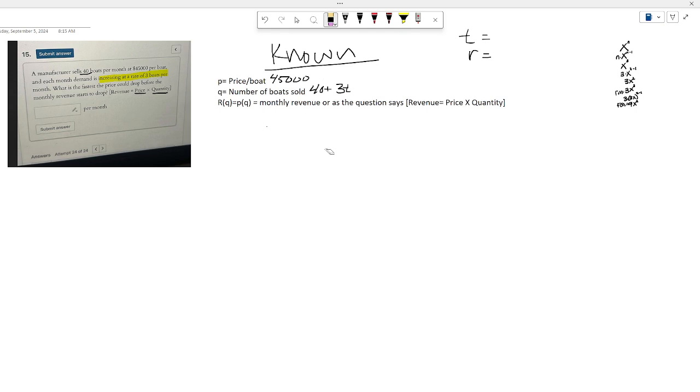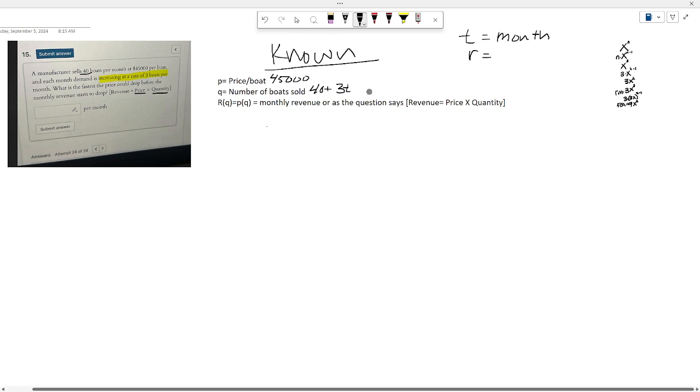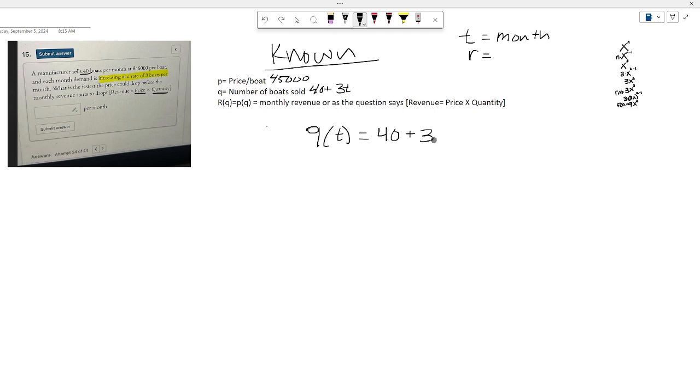So I wrote up here the T. T means month. Let me show you what this equation says. Q of T, that's what this will be called from now on, is 40 boats plus an increase of 3 per month. So we'll just leave this open for now. That's a T, just imagine.